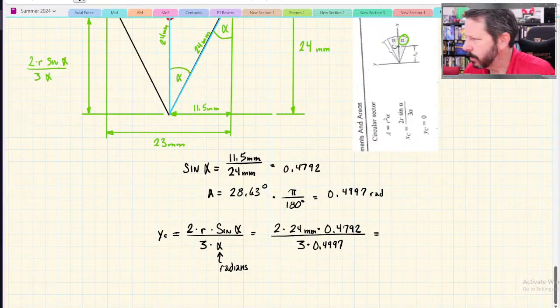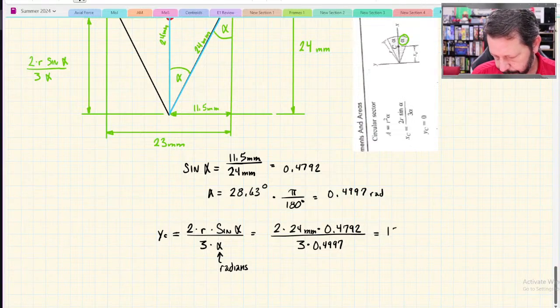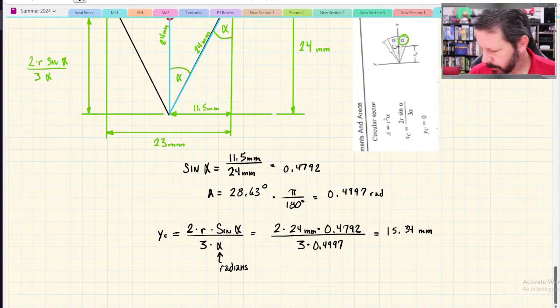So that number is 2 times 24 millimeters times 0.4792 divided by 3 times 0.4997, which is 15.34 millimeters.